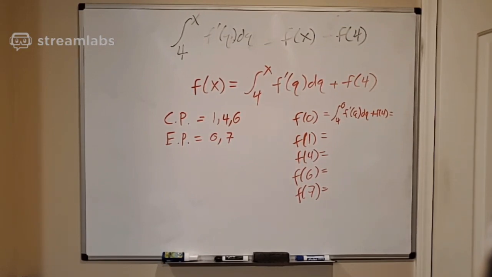What does integral from 4 to 0 mean? It involves the area under the graph, just like we did with part A. So it's asking for the area from 4 to 0.